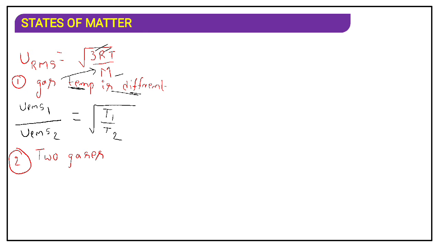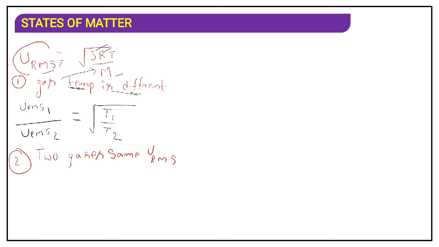The two gases are having the same RMS velocity. Both having the same URMS. Then which is a constant? URMS is a constant.